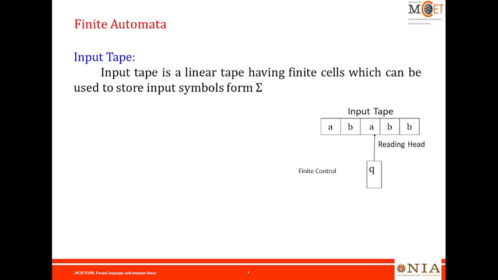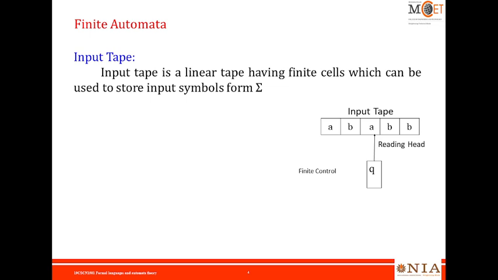This is a finite automata machine. The finite automata machine consists of input tape, reading head and finite control. Here the input tape is divided into a number of cells. Each cell stores one input symbol. Next one is reading head.